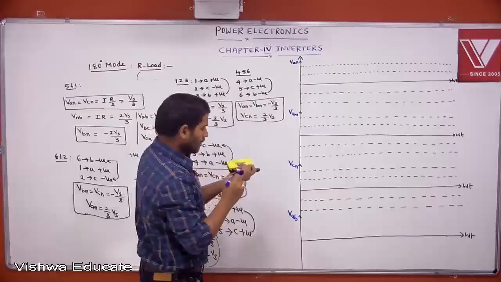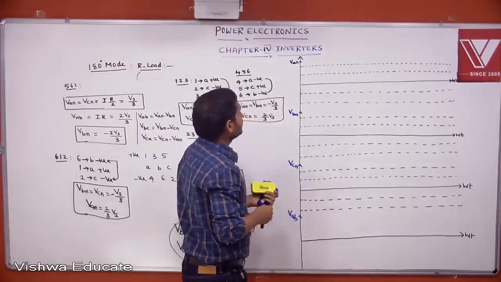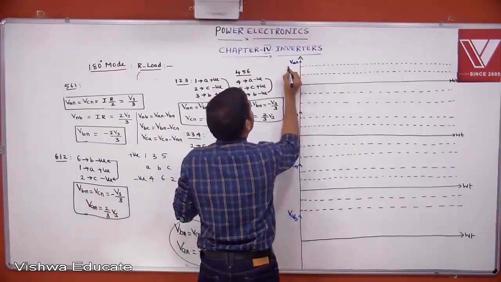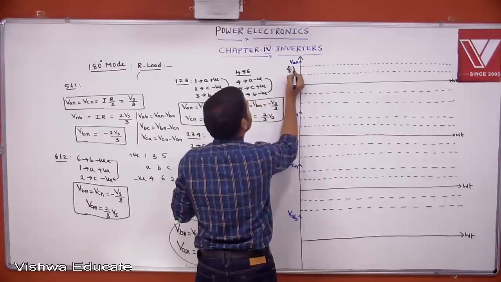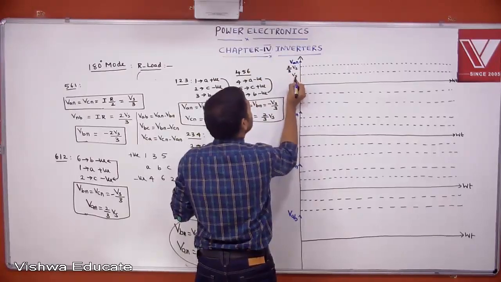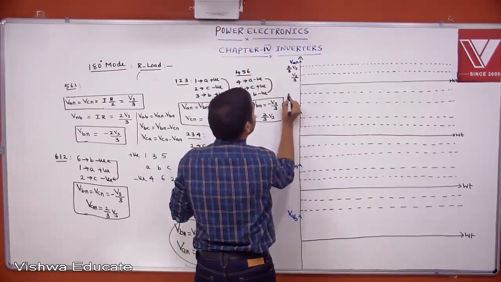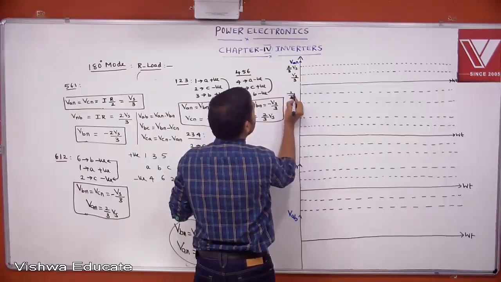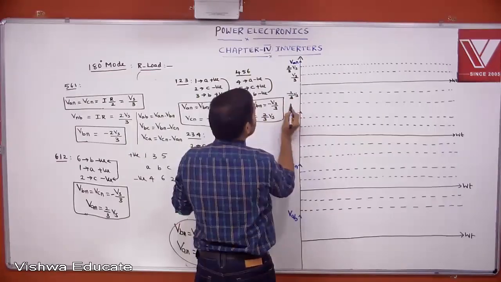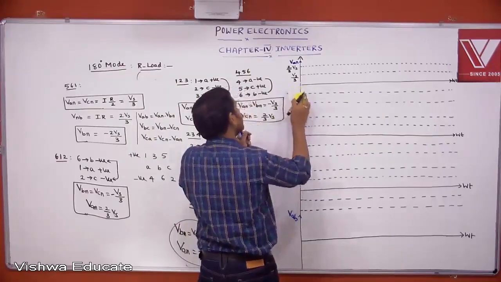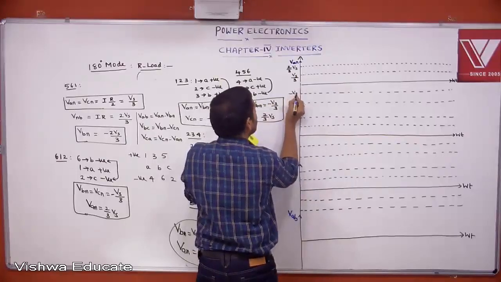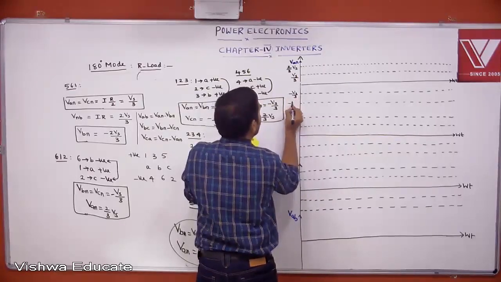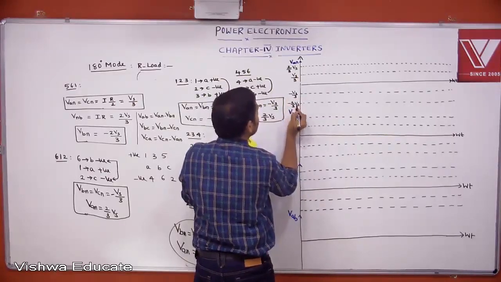Vs can represent with 2 by 3 Vs, that is Vs by 3, minus Vs by 3, minus 2 by 3 Vs.